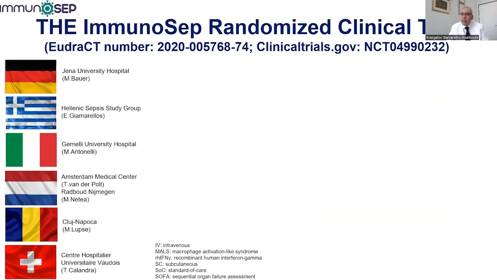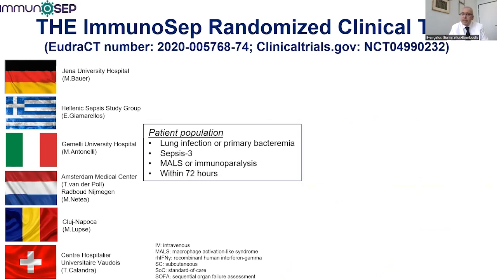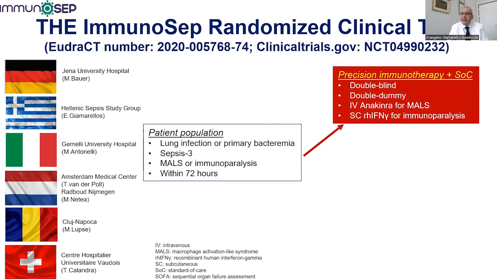And there is a randomized double-blind trial which is taking place nowadays in Germany, Greece, Italy, the Netherlands, Romania, and Switzerland, enrolling patients with lung infection or primary bacteremia, with sepsis defined according to Sepsis-3 definitions, with macrophage activation syndrome or immunoparalysis. Then in the first 72 hours from sepsis onset, patients are randomized in the precision immunotherapy group.